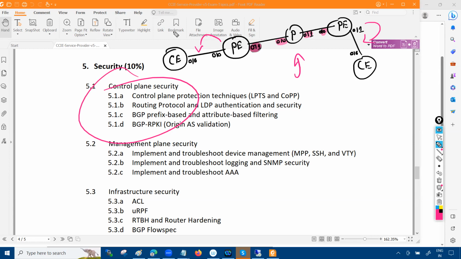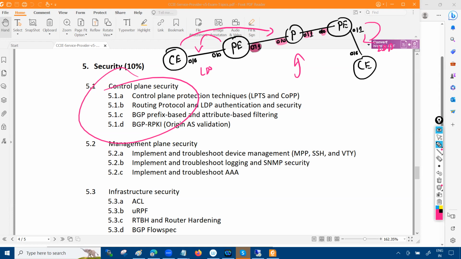Take an example: if I allow the customer to run the MPLS LDP protocol, don't you think it can make an attack on the core network, an LDP attack, if they have LDP information? It can do an LDP DoS or DDoS attack. That's why it's not recommended to run LDP on the customer-facing interface.